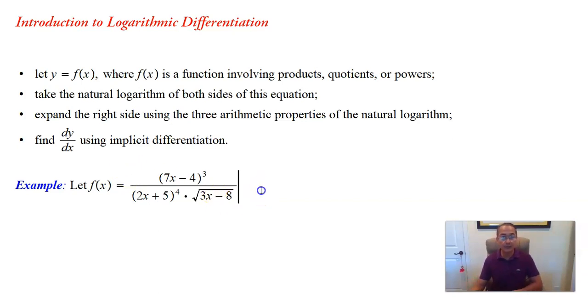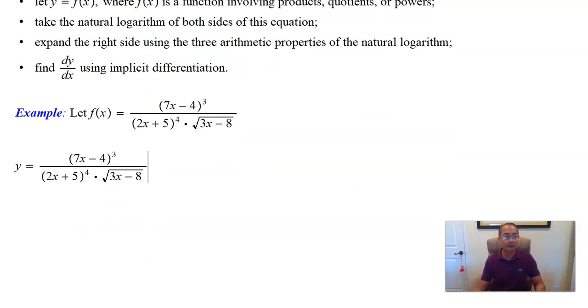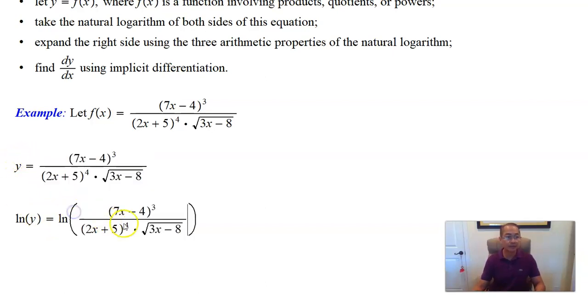So let's execute the plan. y equals f of x, so y equals this function over here. Now we are going to take the natural logarithm of both sides of this equation. So we get ln of y equals ln of this monster over here.